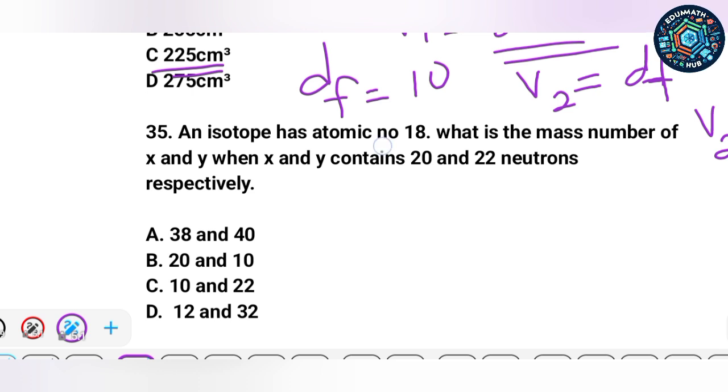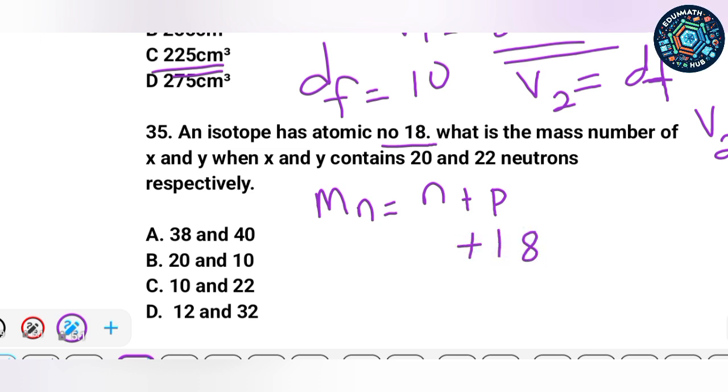has atomic number 18. Okay, what is the mass number of X and Y when X and Y contain 20 and 22 neutrons respectively? So we're looking for the mass number. Atomic number is the number of protons. So your mass number is equals to sum of neutrons plus sum of protons. Once you add these two, you get the mass number. So check the number of protons that was given in the question. That's 18.